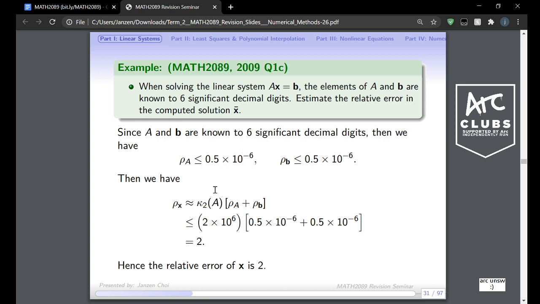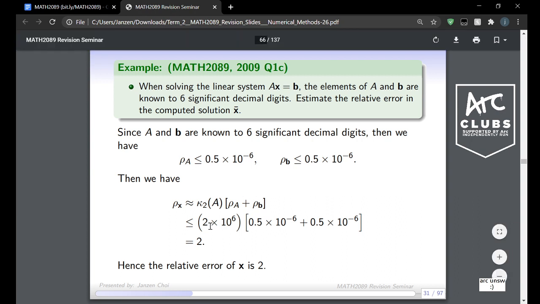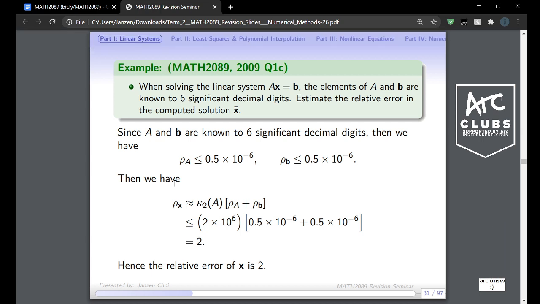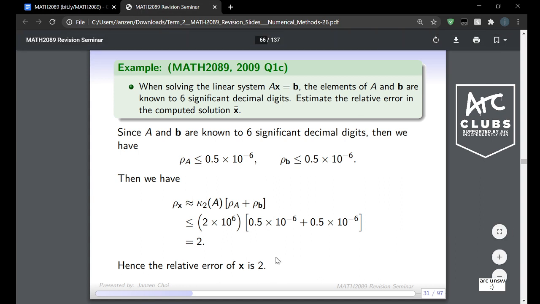Using the condition number that we got earlier and rounding it off a bit, we can put all these values into this expression here, which gives us a relative error for X of 2, which is greater than 1, so there are no significant figures in the solution of X, and the solution is not very accurate at all.